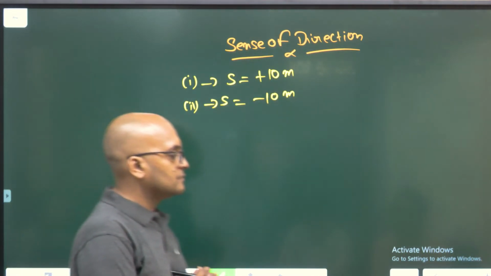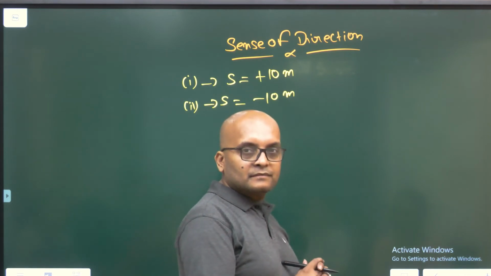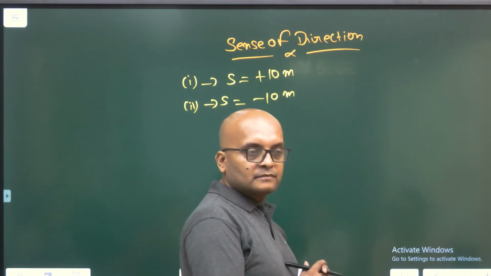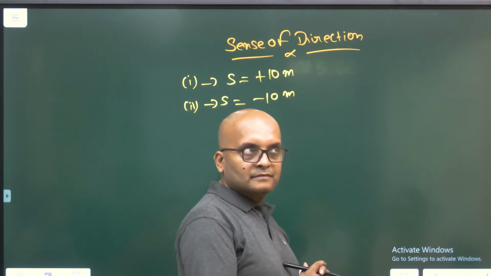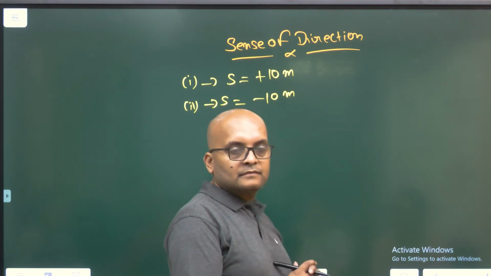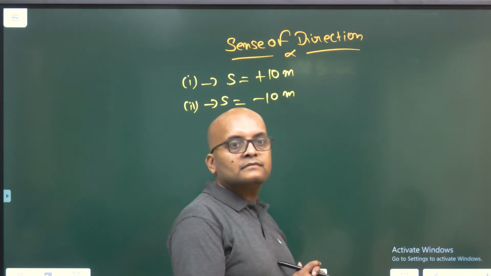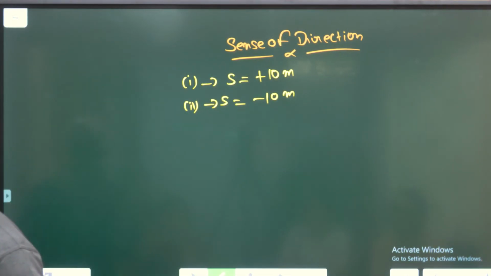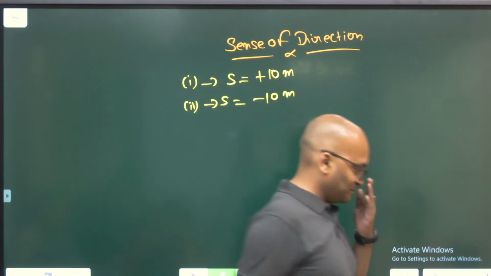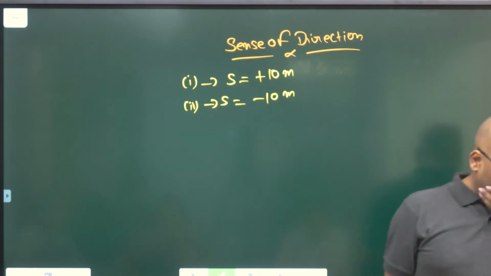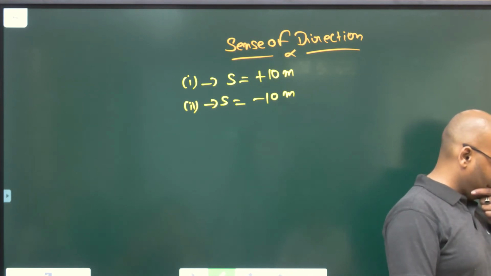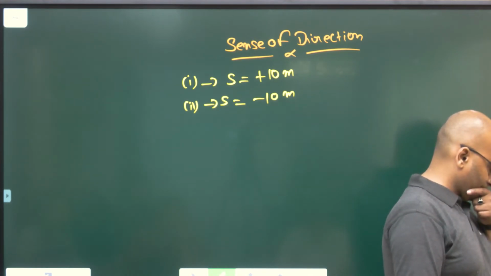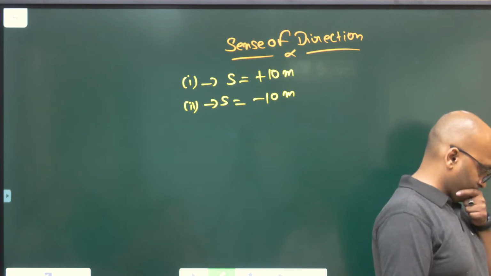In the first case, it will be in the forward direction, and in the second, backward. But if the case comes for velocity and acceleration, I will get confused. I'll say that in the first case it is the positive x-axis, and in the second case the negative x-axis.